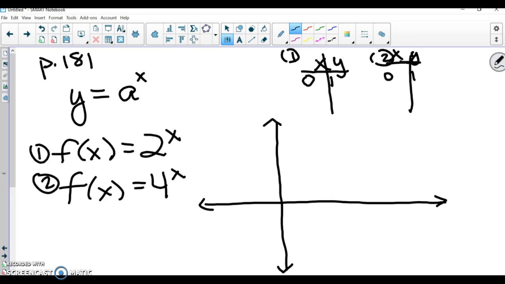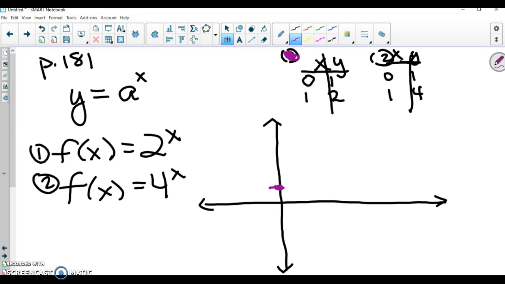Let's look at another domain value, x being 1. 2 to the first power on the first graph, 4 to the first power on the second graph. So that we can see there that our function 4 is climbing much more rapidly. We can see both functions passing through 0, 1. First graph in purple.